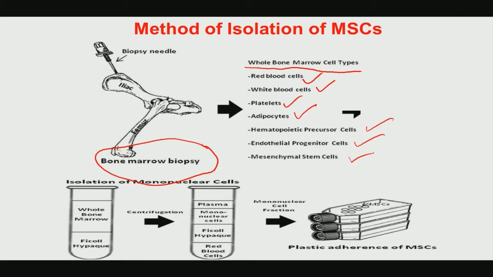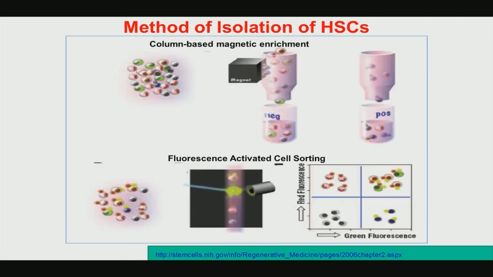Now, the complete procedure of isolation of mesenchymal stem cells from this bone marrow biopsy is not under the purview of this course. However, it is shown to indicate that it is indeed possible to isolate mesenchymal stem cells by this route.